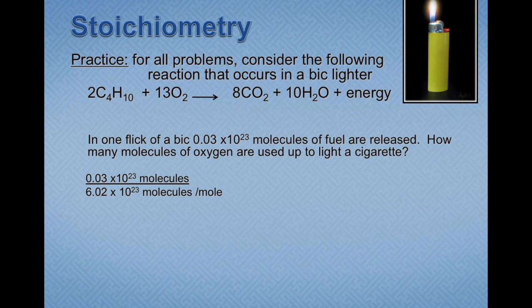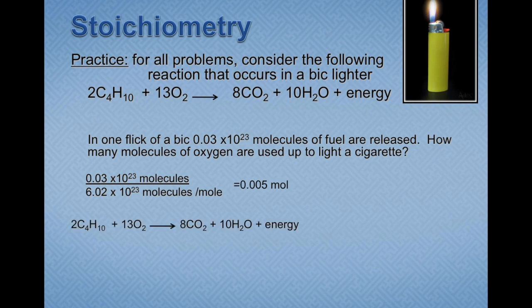So in this case, we have 0.03 times 10 to the 23rd molecules. That's what we're given. And now we're going to use Avogadro's number, or 6.02 times 10 to the 23rd molecules per mole. In this case, we need to divide by Avogadro's number so that molecules cancels out, and we end up with moles. And when we do that, we end up with 0.005 moles.